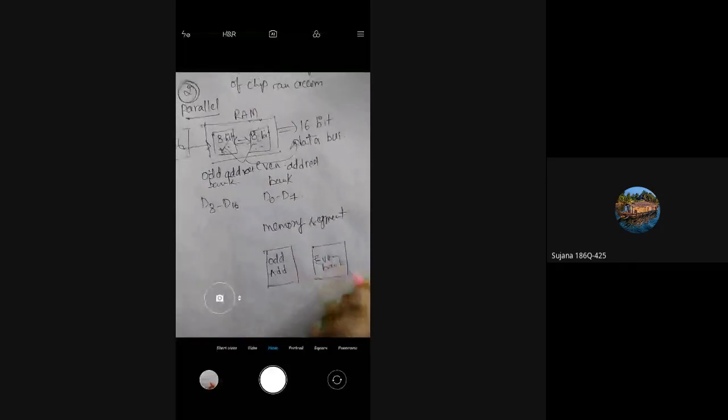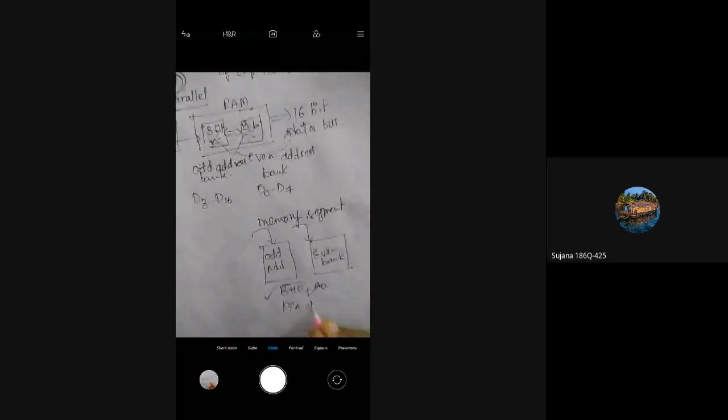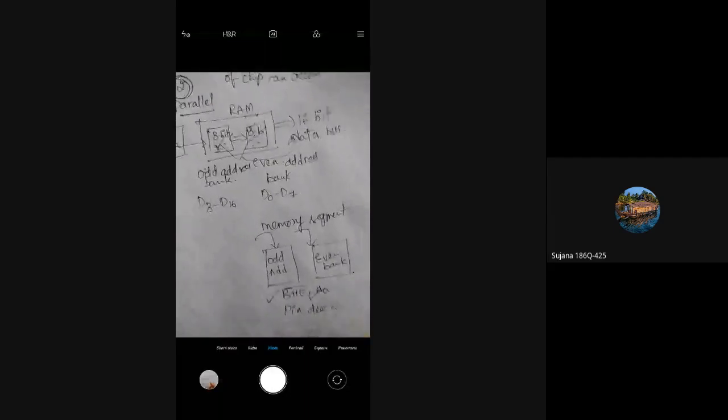The assigning of data into this memory depends upon the BHE bar and A0 signals. You have the BHE bar and A0 signals in the pin description of 8086. I explained this memory segmentation concept while explaining the first unit.